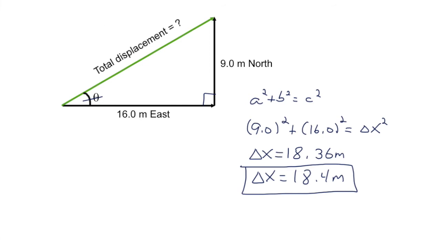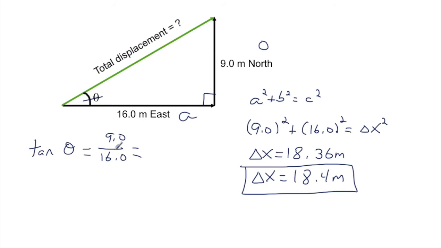One of the ways we could do that is we could use an inverse tangent function. Since we know the adjacent side and the opposite side, we could say the tangent of that angle theta here is equal to 9.0 over 16.0, because tangent is opposite over adjacent.